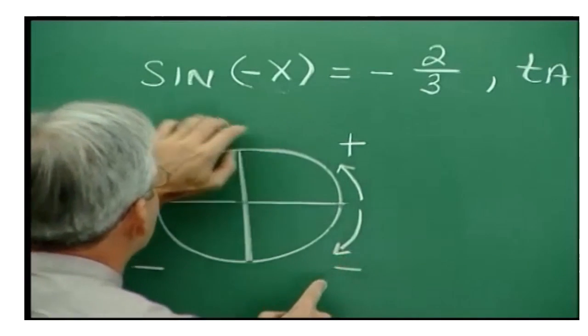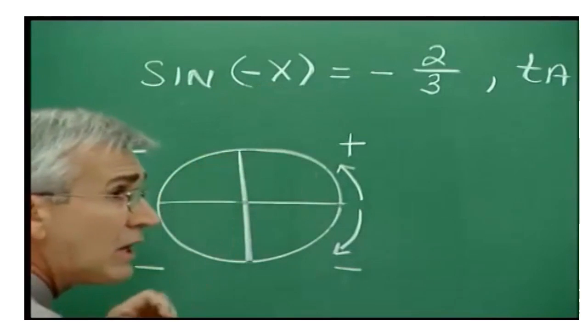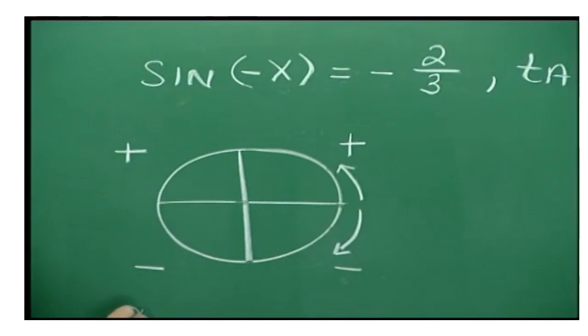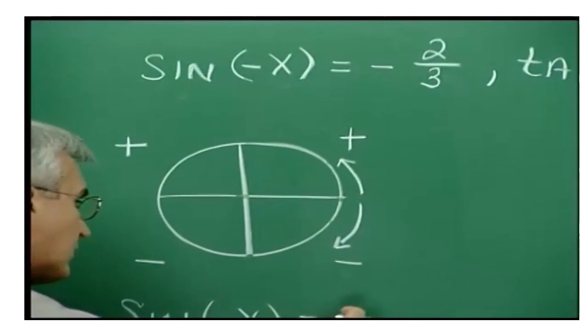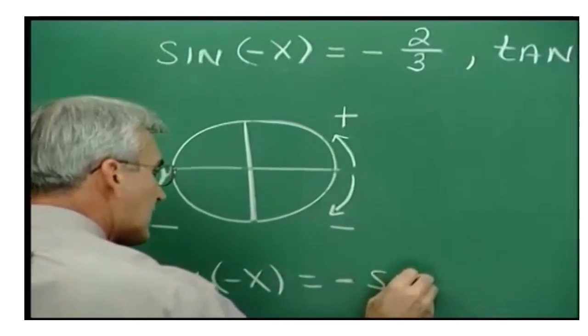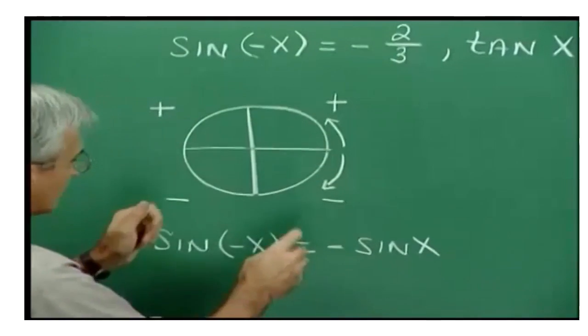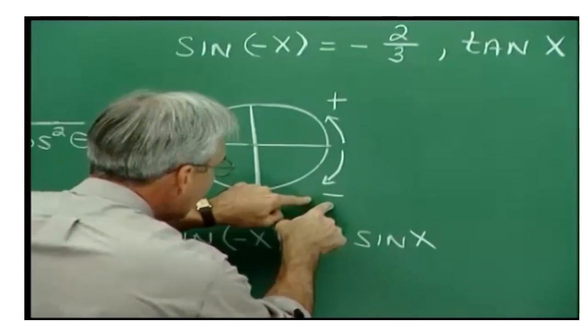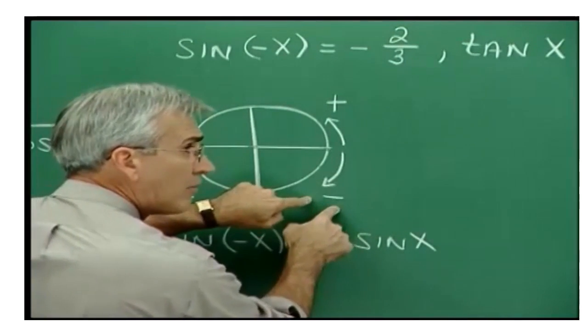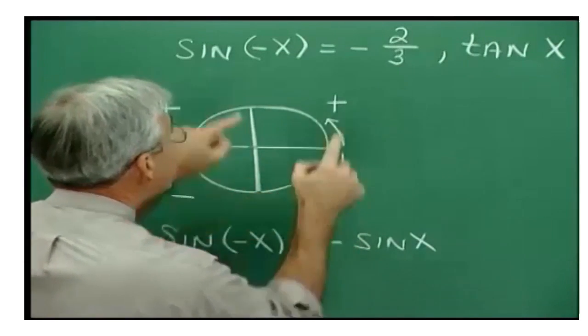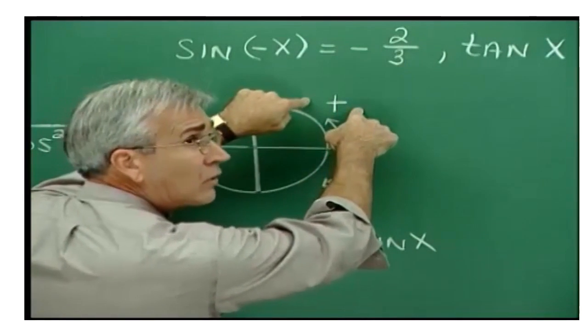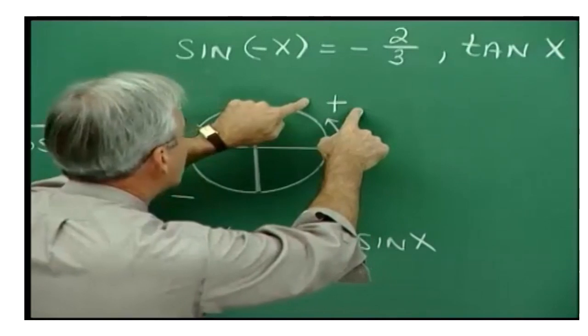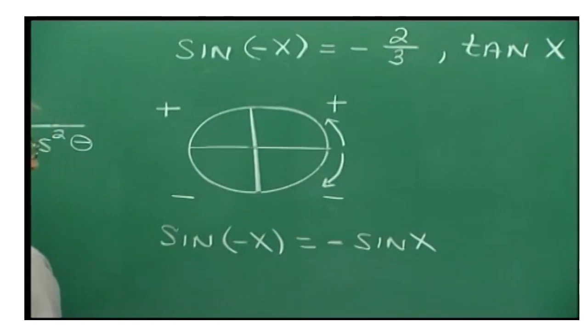So it turns out that the sine of negative x is equal to the negative of sine of x. That is, the sine of this negative 30-degree angle is a negative number, and it corresponds with the negative of the number corresponding with sine x, you see, or sine 30 degrees. Okay, so this is the idea.